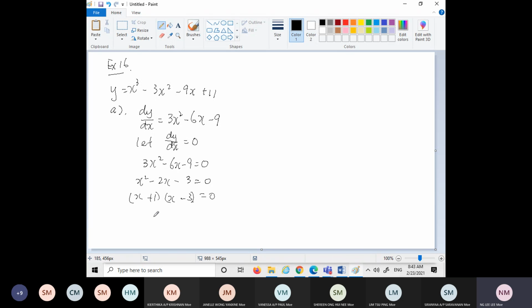So correct. Therefore, x is negative 1 and x is 3. So you have the 2 points. They want the coordinate, so this is only the x coordinate. Therefore, you need to find the y coordinate for each. So you continue.